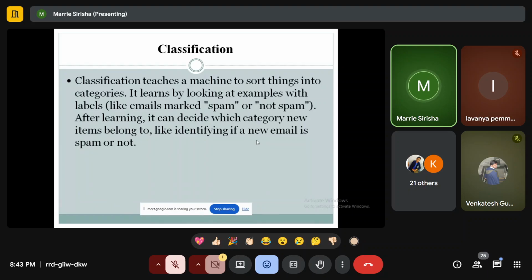It is nothing but two things, whether it is male or female, or a binary number 0 or 1, or a spam email or not. To which category a particular thing belongs, that is classification, and it can have two categories or more than two categories.